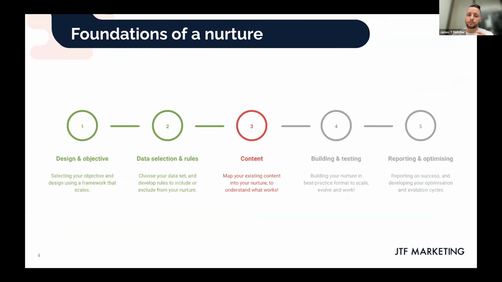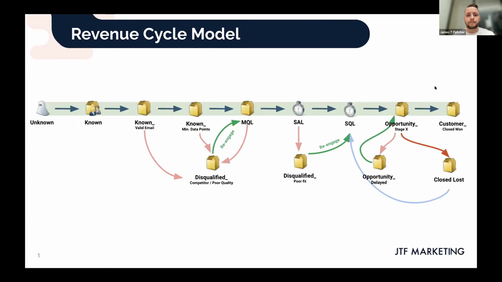The data selection piece around how do we build the rules to think not only about inclusion, but also exclusion. And then importantly, today, we're going to cover the content piece. So how do I get the content right for my engagement programs? What does it look like? How do I build it so that it's scalable? Of course, the next two will come up to building and testing and reporting and optimizing, which is just as important as getting the planning piece correct up at the beginning.